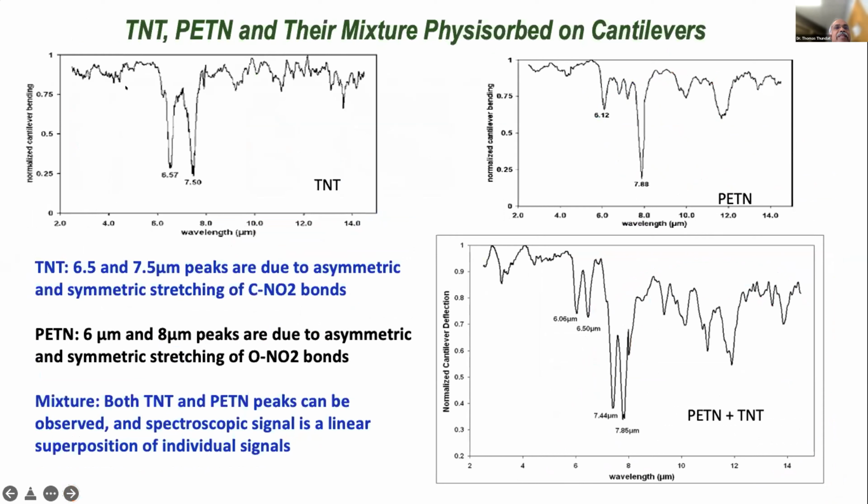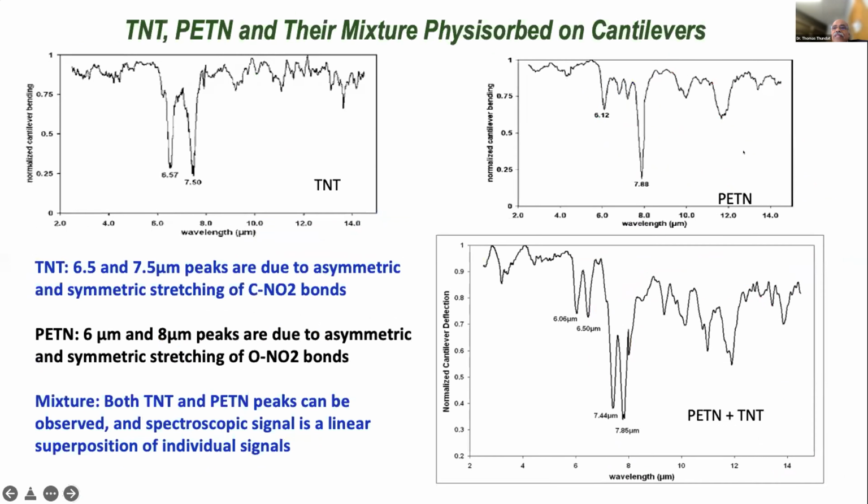So this is an example. We're looking at TNT absorbed from the vapor phase, and you can see the bending of the cantilever. These two lines are very characteristic of TNT, and this is the baseline.